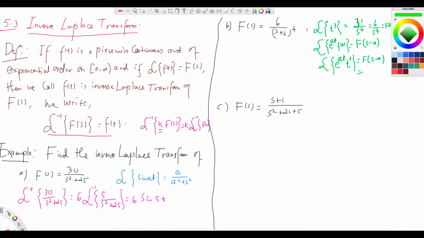So F is 6 over s to the 4th, but s should be replaced by s minus a. So you will get 6 over (s minus a) to the 4th. But we had plus 2. So what should be the value of a? a must be negative 2.